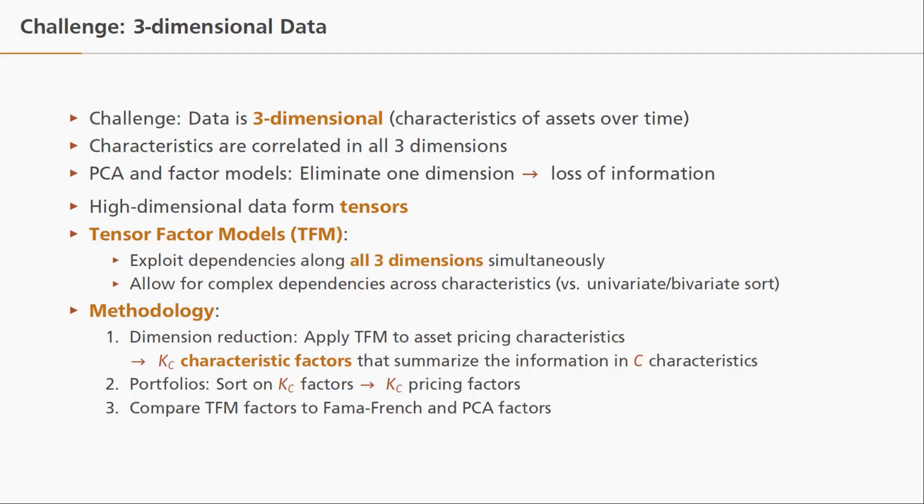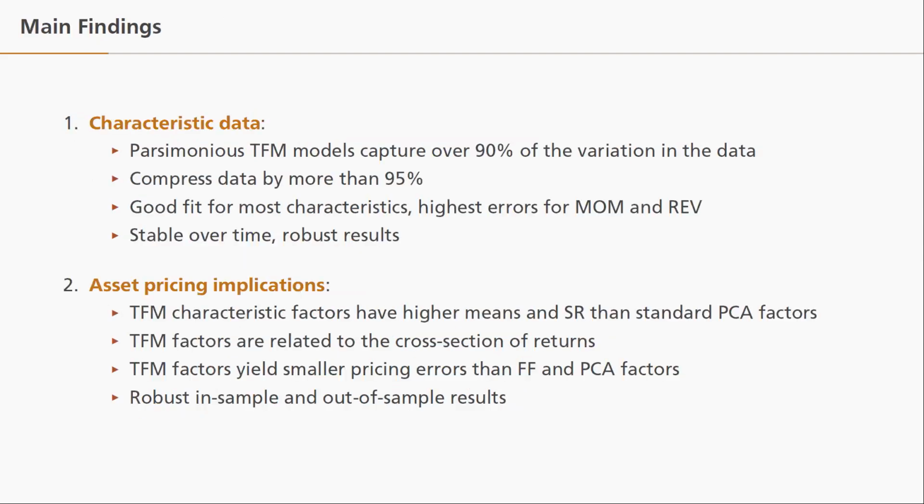And then I can use the standard battery of asset pricing tests that we are all familiar with. So I can compare these factors from the three-dimensional model with benchmark models like Fama-French factors, PCA factors, and everything else. So that's the outline of the talk.